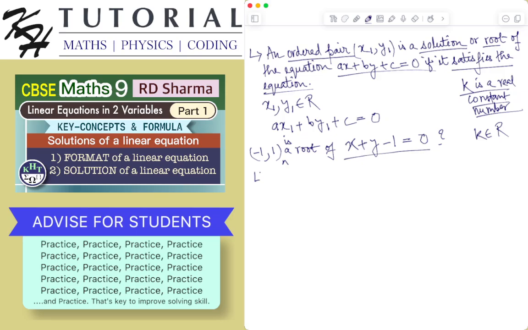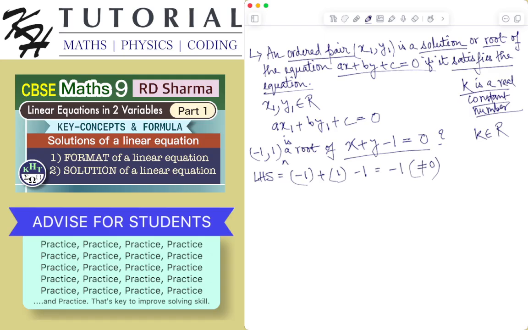So the LHS is, after substituting the value of minus 1 for x and 1 for y, minus 1 plus 1 minus 1. This is minus 1 and not equal to 0.